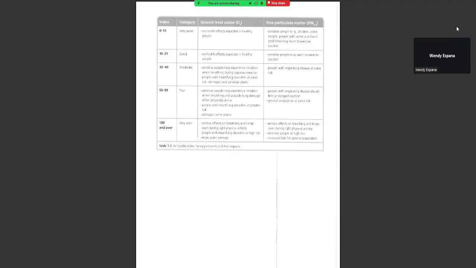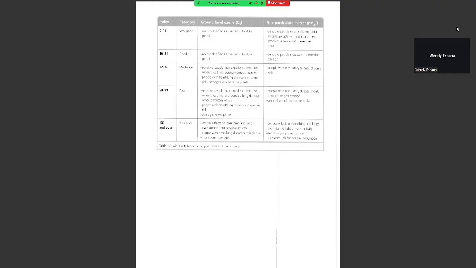The general population is also at risk, so you want to be careful even if you do not have any respiratory issues and you're not in the sensitive category. And so this summer, when it was very smoky, this was an issue. Even people that didn't have any problems needed to be careful not to develop any problems.